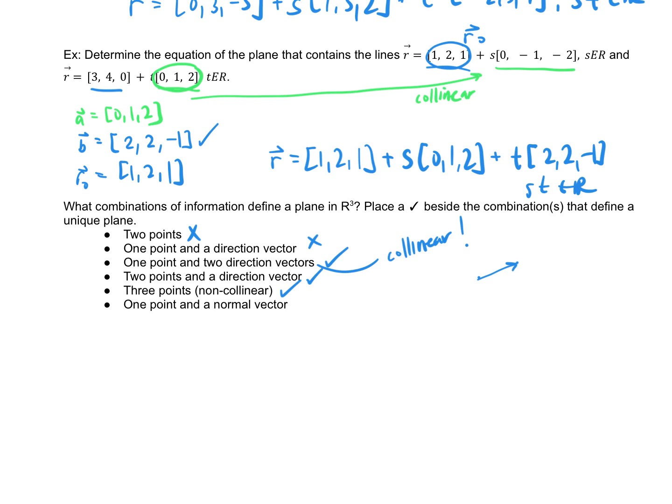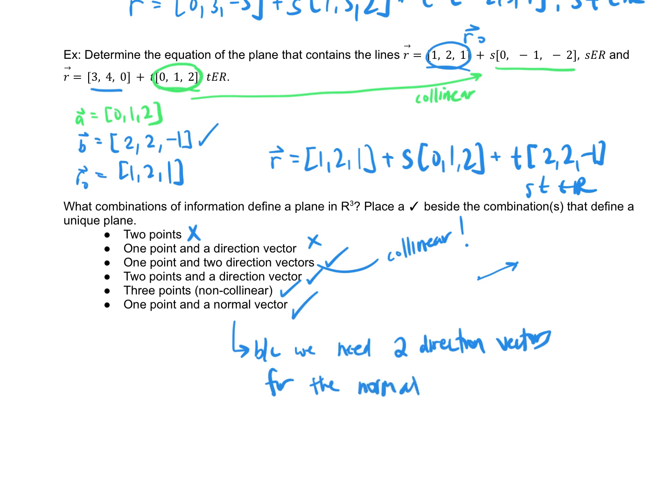So if I had 2 direction vectors, I could find the normal, which means if I have the normal, I must also know 2 direction vectors, and then I have a point. So that works as well, because we need 2 direction vectors for the normal.